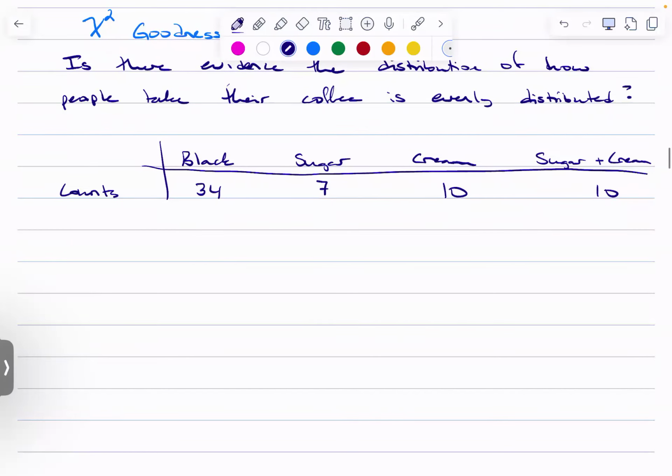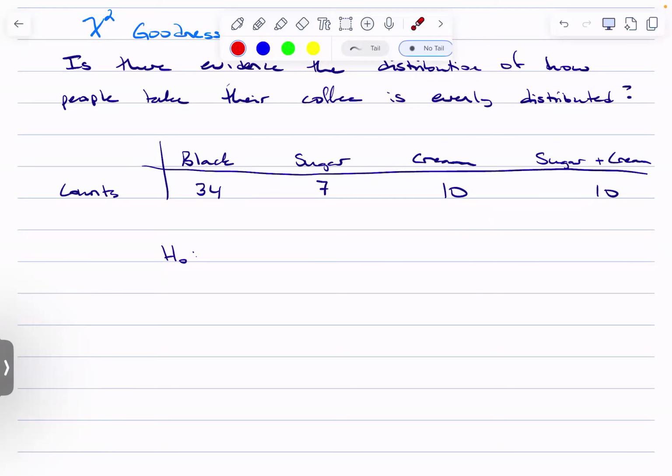And so your null hypothesis would be the distribution of how people take their coffee is evenly distributed, right? Meaning I would expect to see the same number in each cell, right? So I take my 34 plus 27, so 61, and I split it evenly amongst the 4, right? 61 divided by 4.